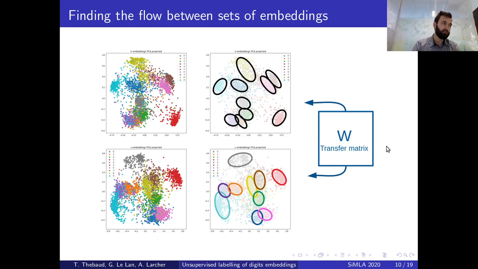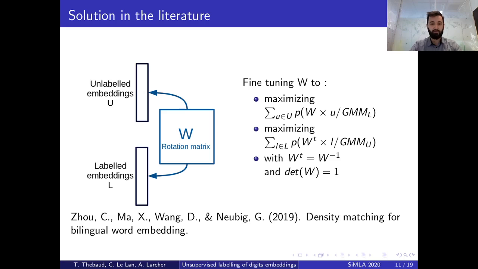Finding the transfer matrix between two sets of embeddings is an exercise that is usually found in unsupervised translation publications. So we looked in that way, and we found one example, the Zhu et al. publication, density matching for bilingual word embedding. So what did they do?